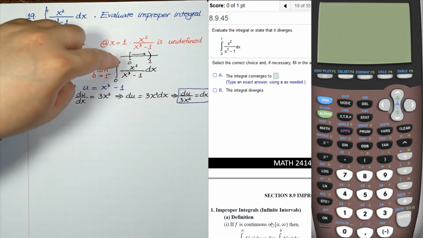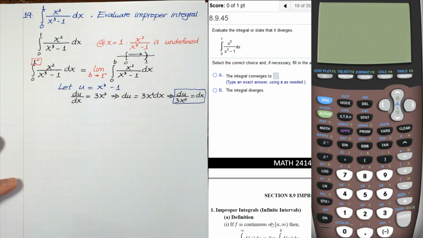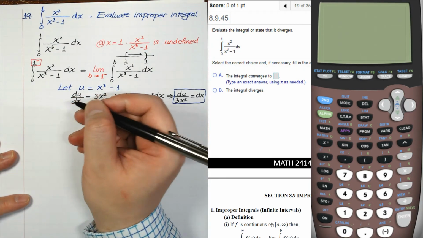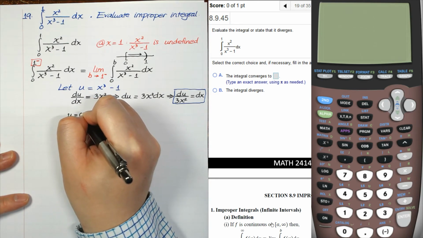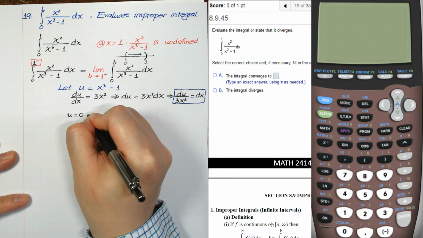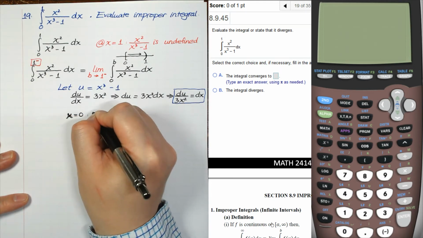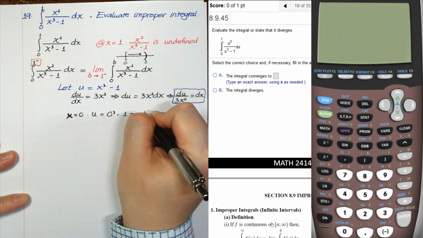Right. Also the limits. When x equal to 0, u equal to 0 cubed minus 1, so it's minus 1.